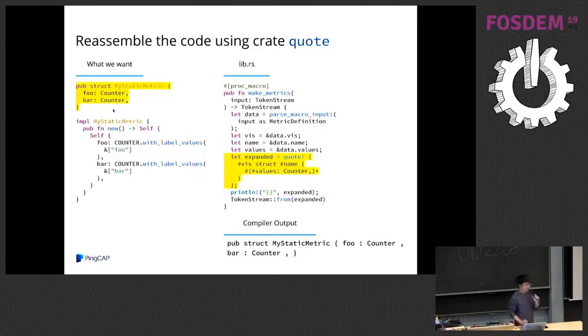So I will write the code on the right. And the most important thing is this piece marked in yellow. As you can see, I just write the code with visibility, struct, name, and values.